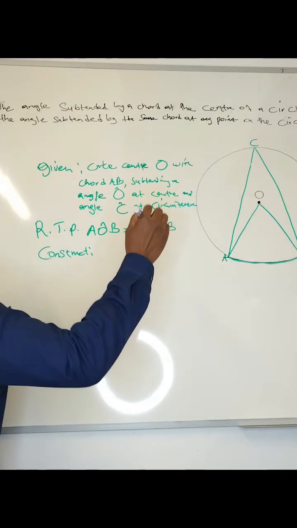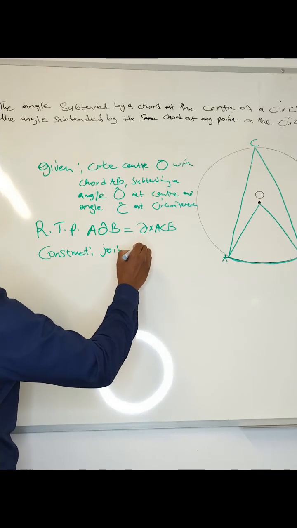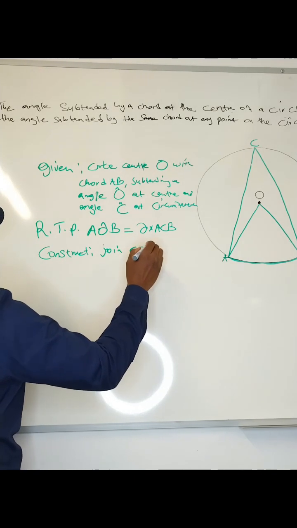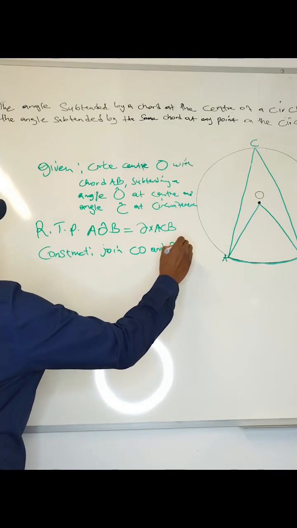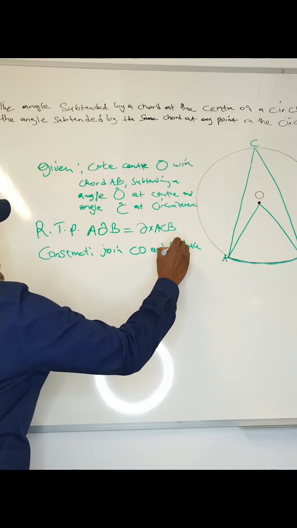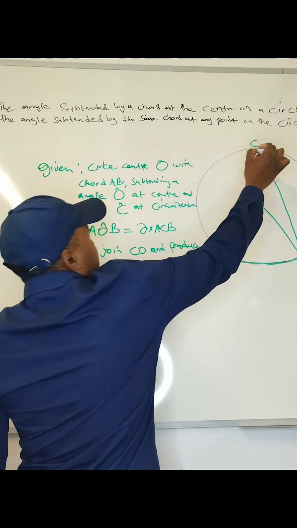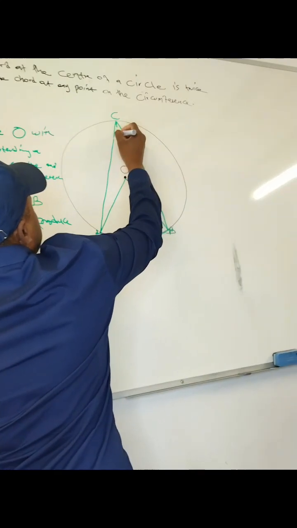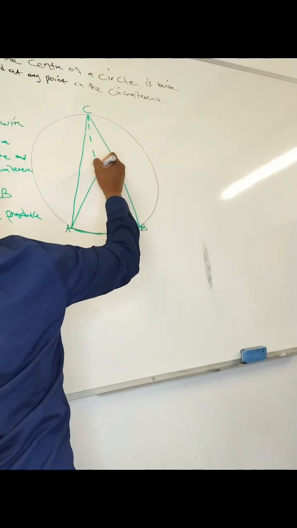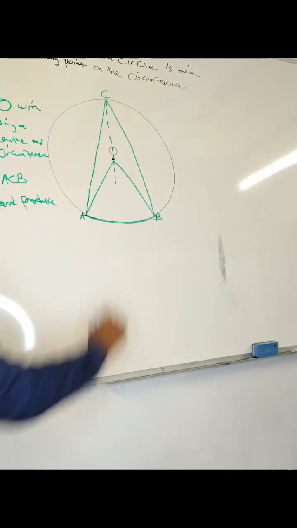We are going to join CO or OC and produce, meaning that we're going to extend that line a little bit. So we're going to do it like this. Remember, when you're constructing, you should draw a dotted line. CO and produce.